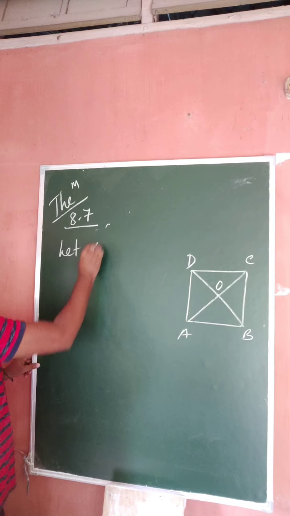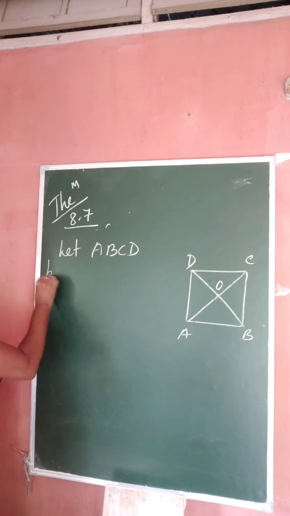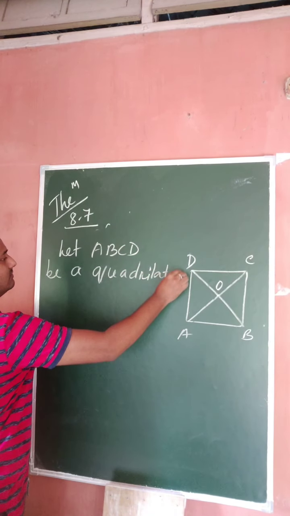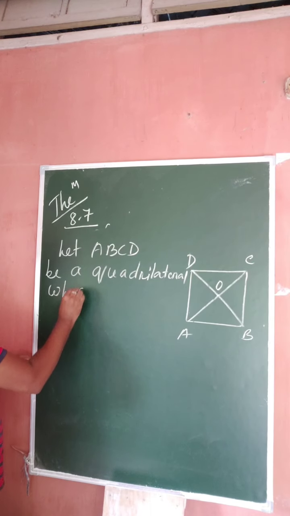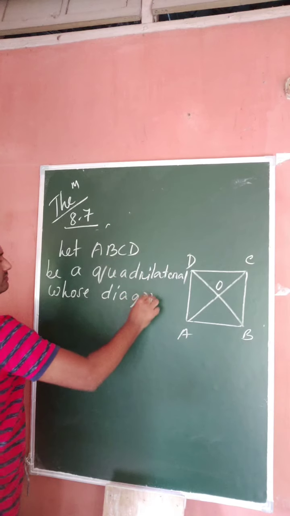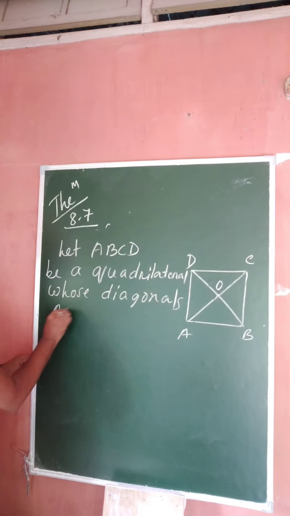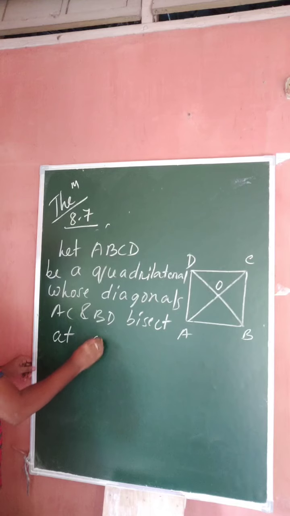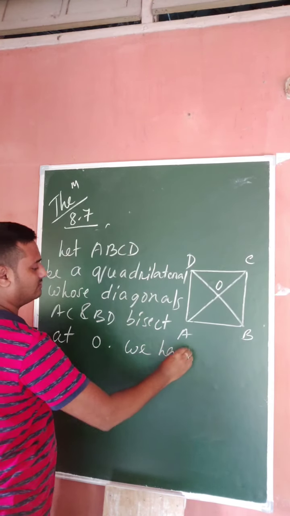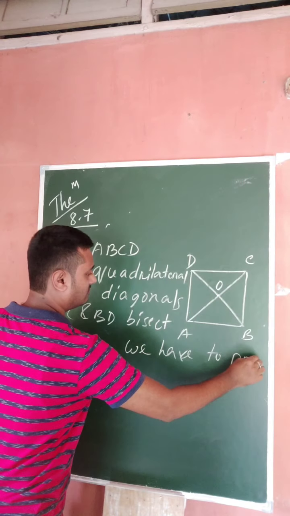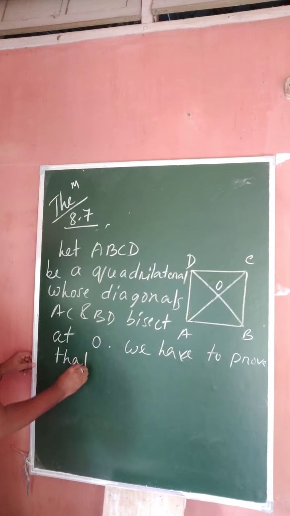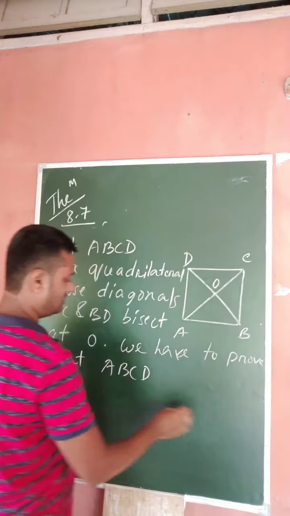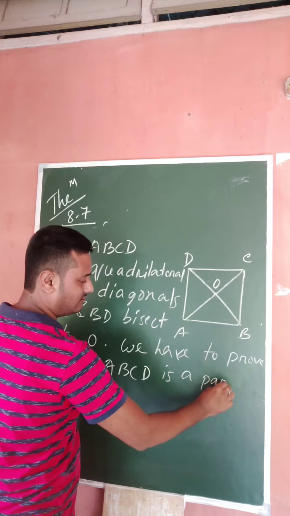So let ABCD be a quadrilateral whose diagonals AC and BD bisect each other at O. We have to prove that ABCD is a parallelogram.